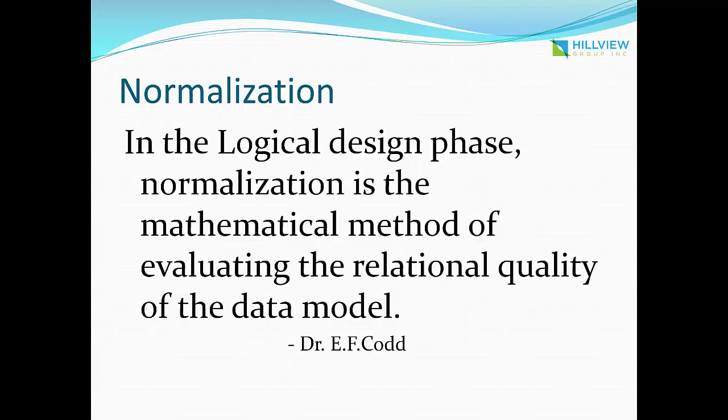Okay, and the aim of normalization is to make sure that we do not store redundant data. Okay, so now the question is, what is redundant data? What do we mean by redundant data?